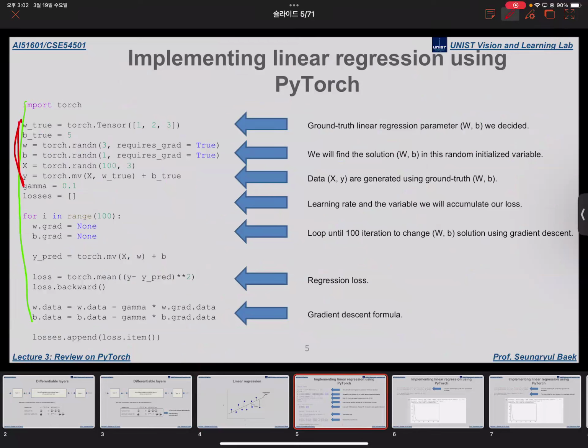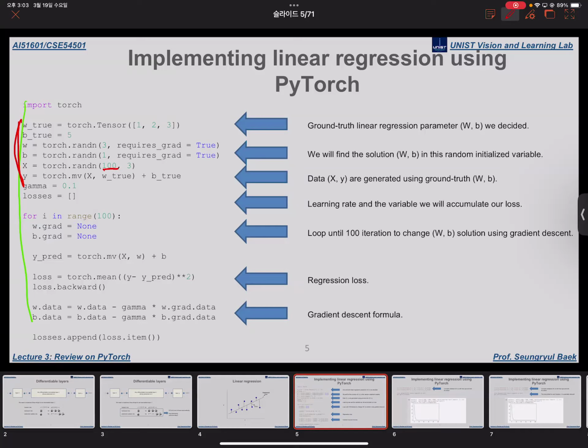So this is the code for actually generating some of the data. So we will actually generate 100 data points from the known linear equation.